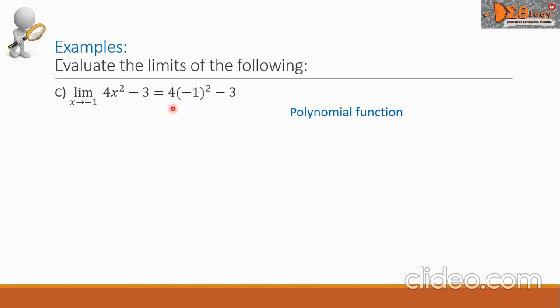So we have 4 times negative 1 squared minus 3. The square of negative 1 is simply positive 1. So 1 times 4 minus 3. The product 4 times 1 is simply 4, minus 3, and we have 1 as the final answer.